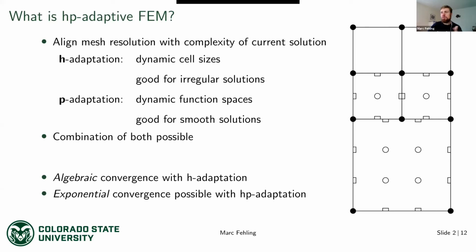For example, if you have Lagrange elements, you assign different polynomial degrees to each cell, hence the name p-adaptation, p for polynomial degree. And this is particularly good for smooth solutions that are easily representable by polynomials. And the combination of both is possible, hence the name hp-adaptive. An example is shown here in the right illustration.